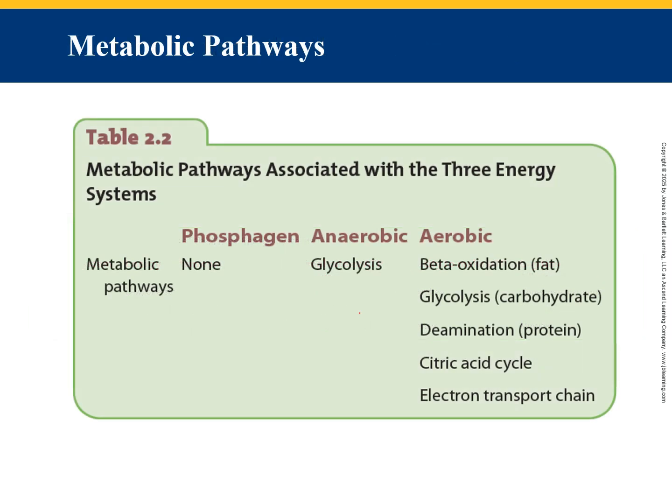We see that the aerobic pathway has many more potential components than the other two systems: beta oxidation, glycolysis, deamination, the citric acid cycle, and the electron transport chain. Those are different steps within the aerobic cycle.